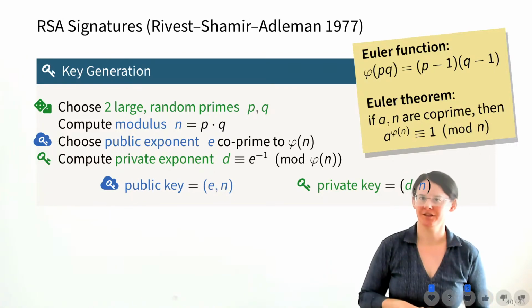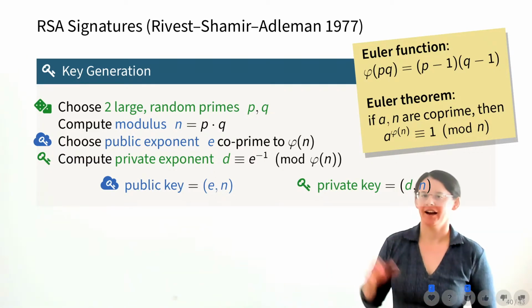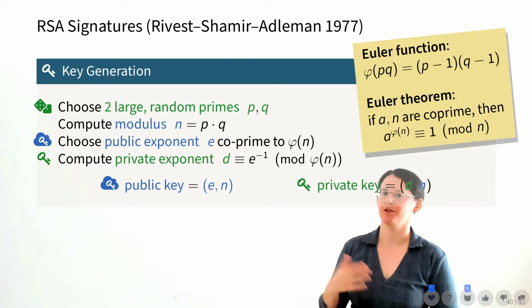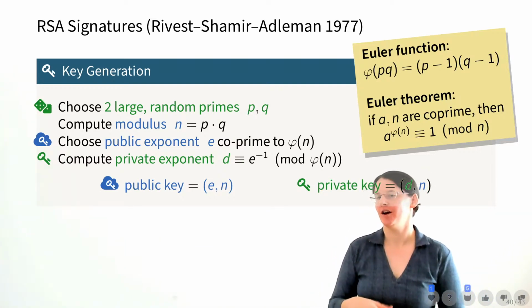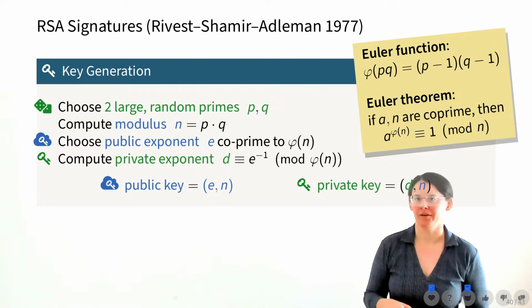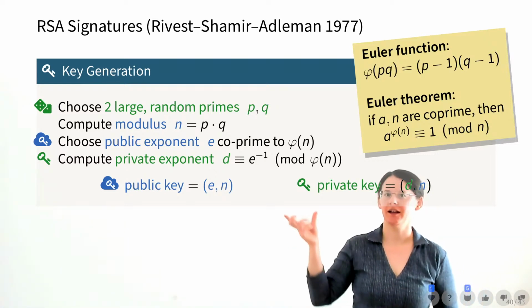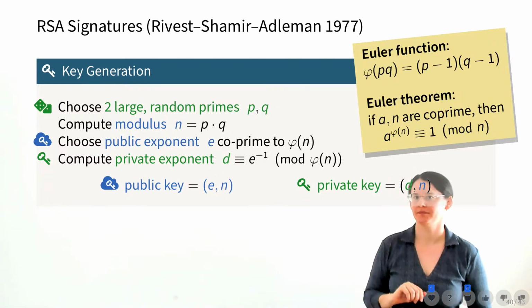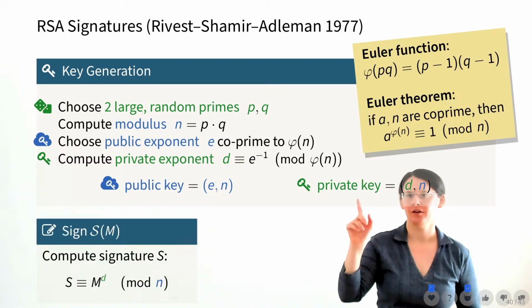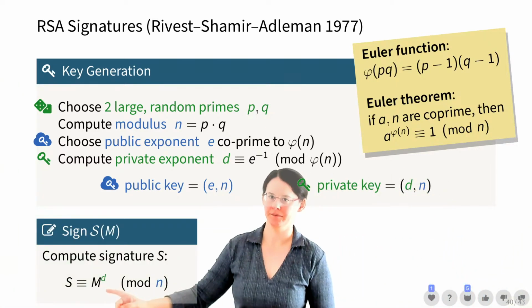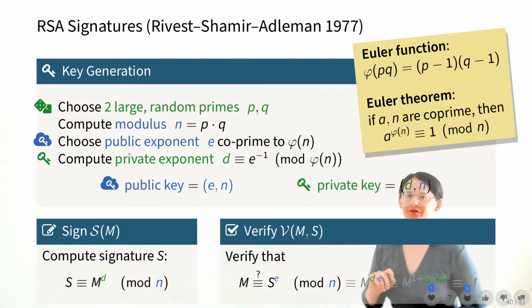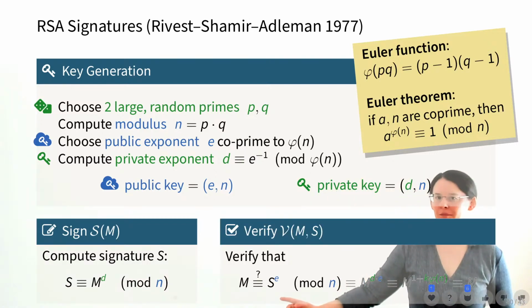The key generation looks exactly like RSA. And actually, the signature scheme we're looking at is also called RSA signatures, because it's more or less identical. The only thing that's different is how we use the private and public key. To sign something, we now use the private exponent, and to verify, we use the public exponent.